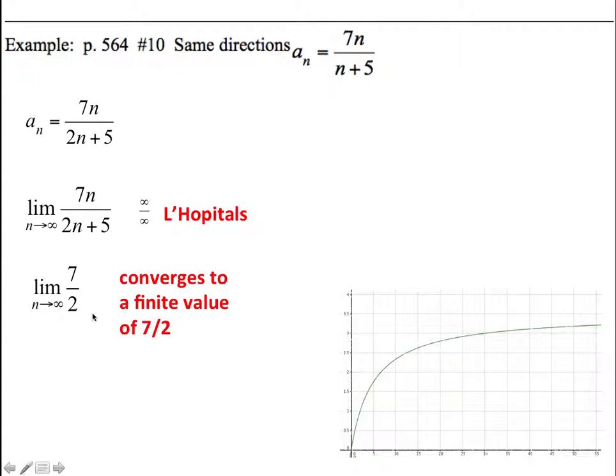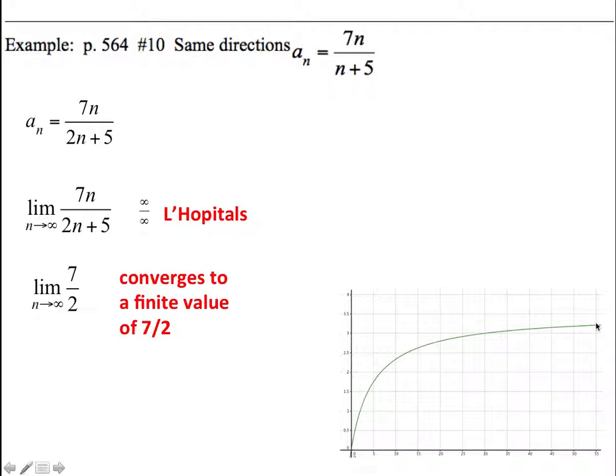Looking at this sequence, you'll notice it starts low and comes up high. This is going out 5 terms, this is going out 10 terms, this is going out 15 terms. If I put a 5 here, it would be 35 over 15, the value of that 5th term, and so on and so forth.